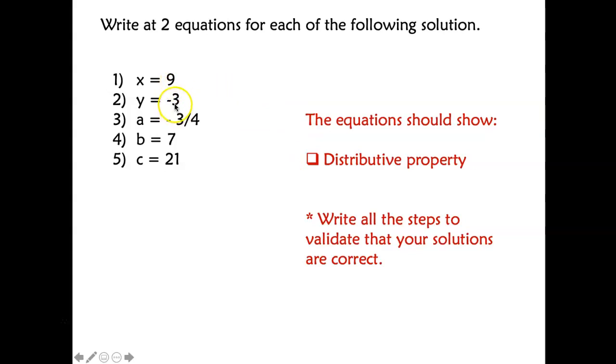You also have to write 2 different equations that will give us the answers negative 3, negative 3/4, 7, and 21. So in total, you are writing 10 equations, and you are also going to show the steps to validate that your solutions are correct.